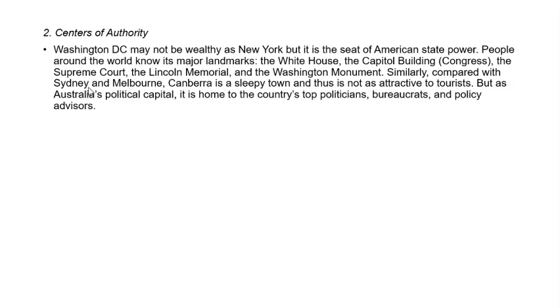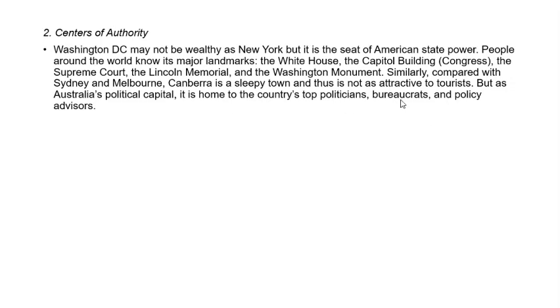Kasi di ba, kung bumisita tayo, or kahit makita lang natin yung tourist spot na brochure, okay, ng Australia, makikita natin yung Sydney. Okay, yung Sydney na maganda yung talagang view, ano? Tourist spot ng Australia. Ngayon, but Australia's political capital, it is home to the country's top politicians, bureaucrats, and policy advisors.